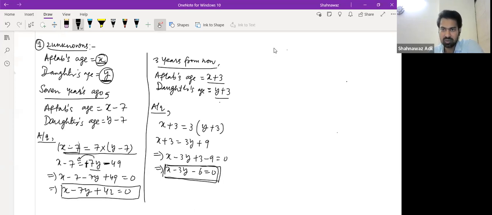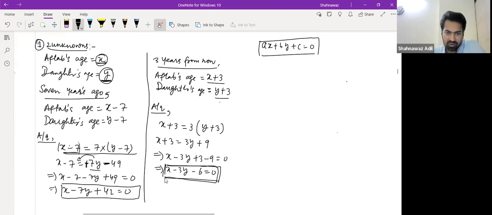So what is the general form? Okay, Amira? ax plus by plus c. Yes, this is the general form, right? So we found out this general equation of these linear equations. So these are the algebraic expressions.